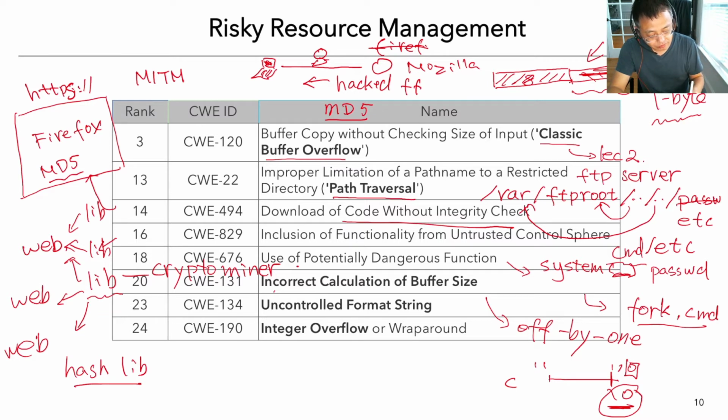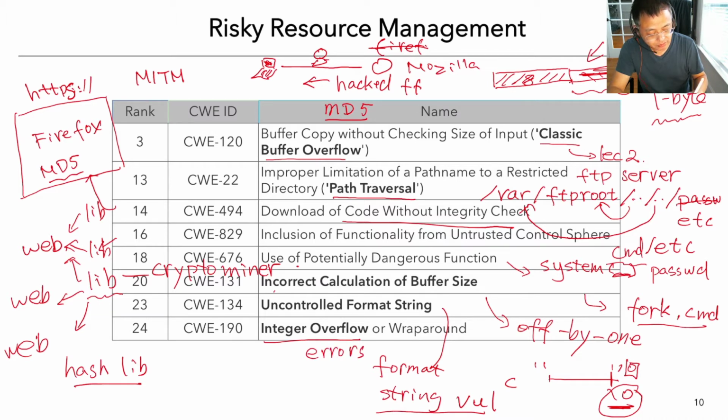So uncontrolled format string, this is the format string vulnerability. We're going to talk about this in the later lectures. And also the integer overflow, or sometimes we call it integer errors.